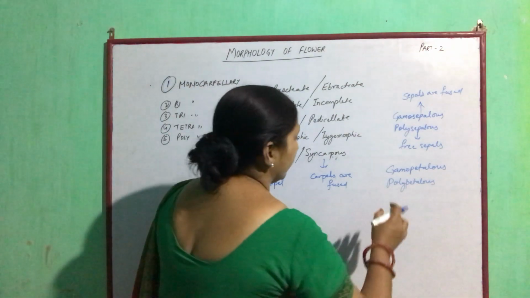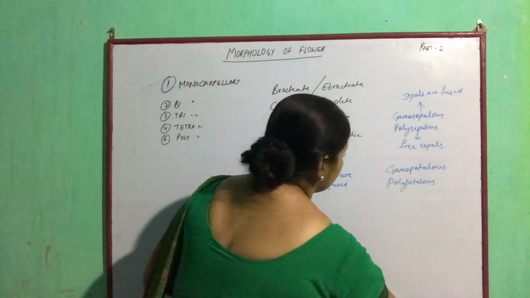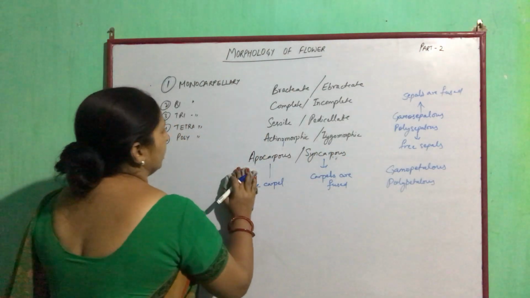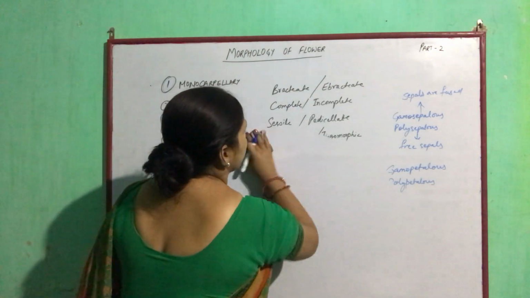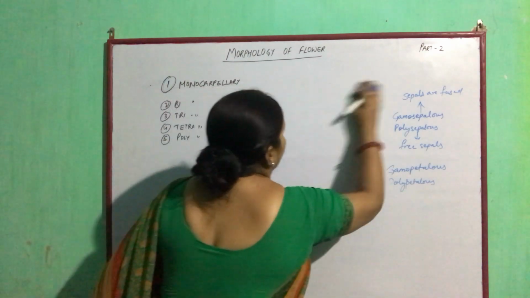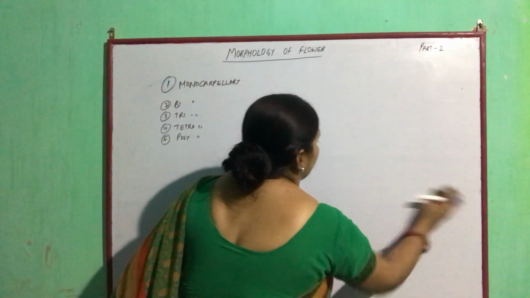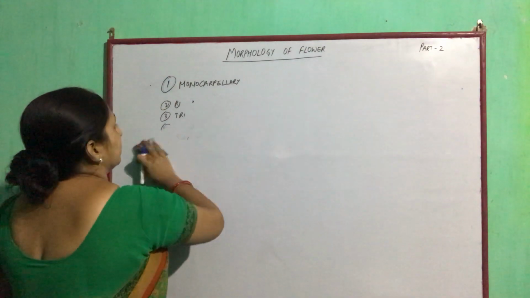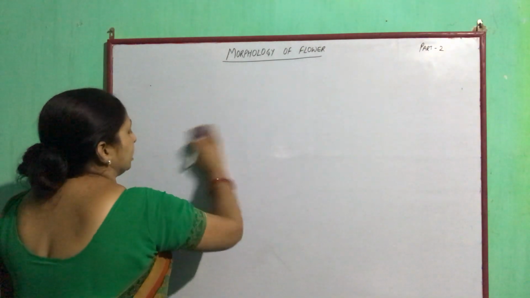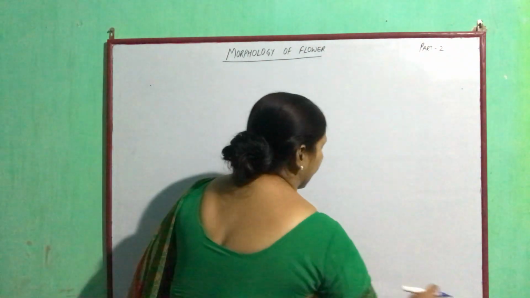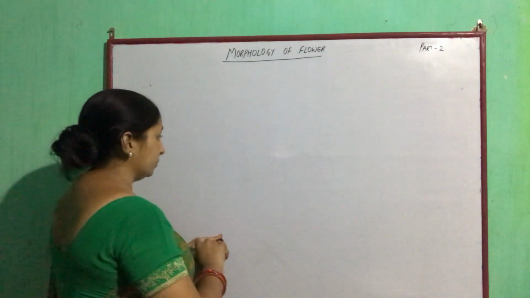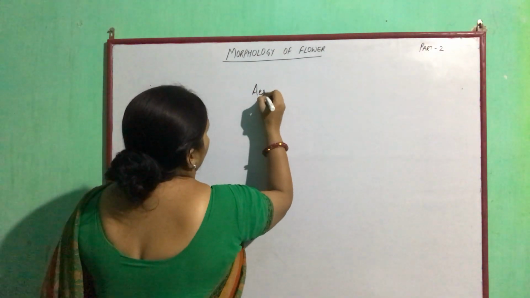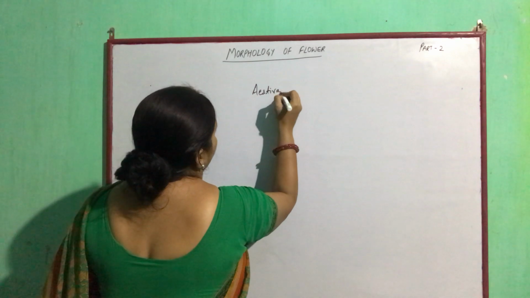Then the term is estivation. For arrangement of flowers, it is inflorescence, but for arrangement of petals with petals or sepals with sepals with respect to each other, it is estivation.